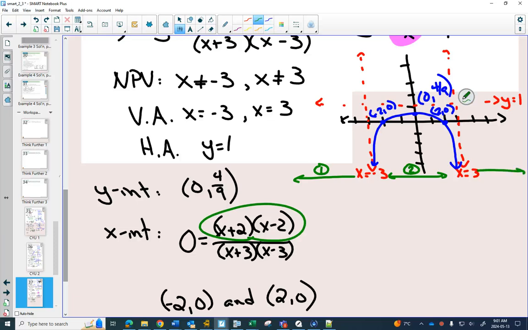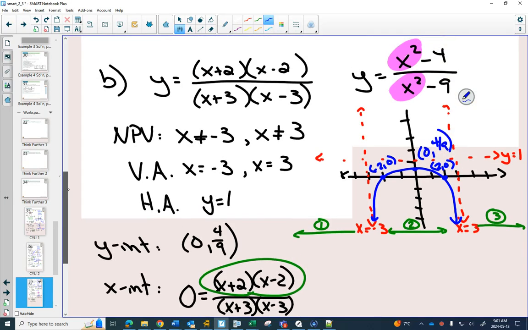And finally, we have no points here in section 3. So I'm going to find a point in section 1. I would probably choose negative 4. Depending on what you'd like to do, the original equation for plugging in -4 is even easier than the factored one.